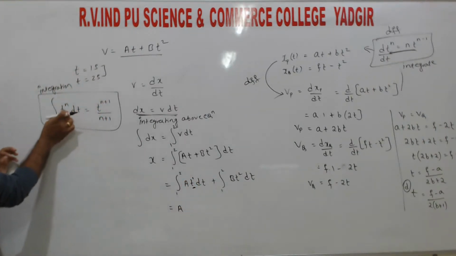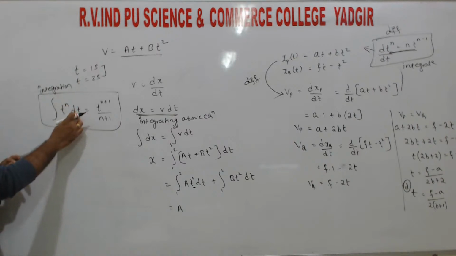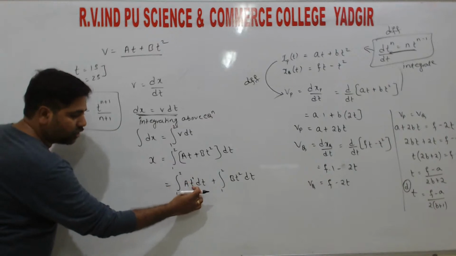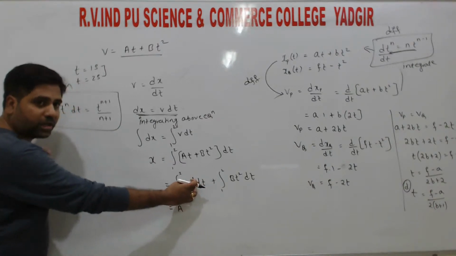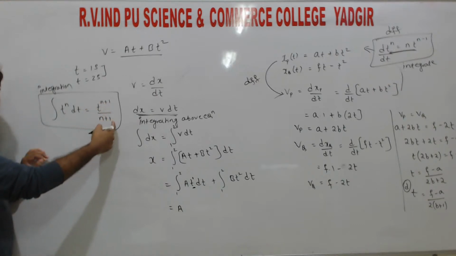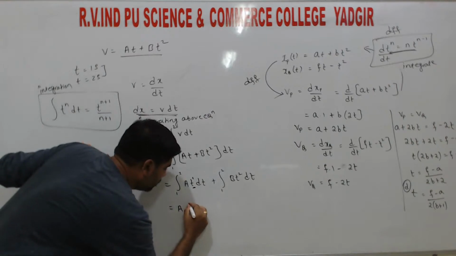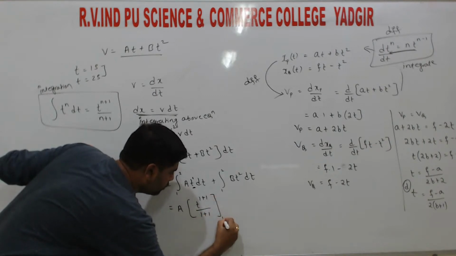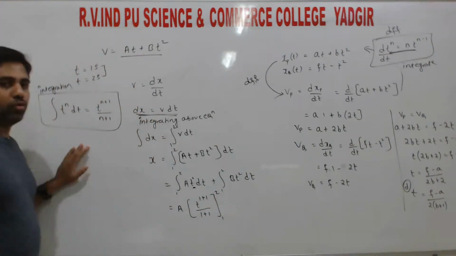So if we integrate t power 1 with respect to dt, a comes outside, the integration of t dt. So n is 1. That means the formula becomes t power 1 plus 1 divided by 1 plus 1, right? The limit is 1 to 2.